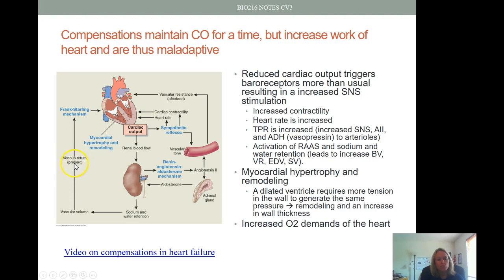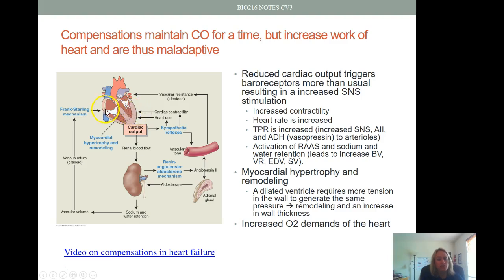This will increase preload. This will help to increase stroke volume via the Frank-Starling mechanism, but this is also going to increase the work of the heart. A dilated ventricle is going to require more tension on the wall to generate the same pressure. So that increase in preload is going to require more tension to generate that same pressure.